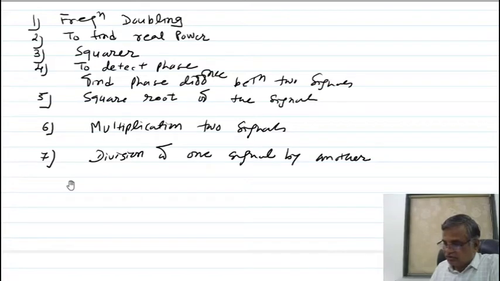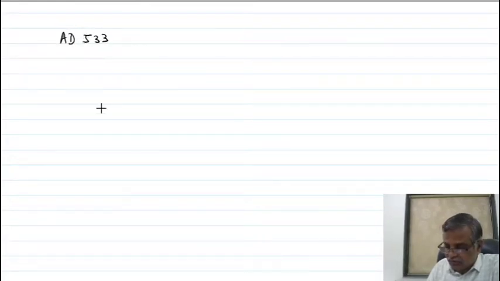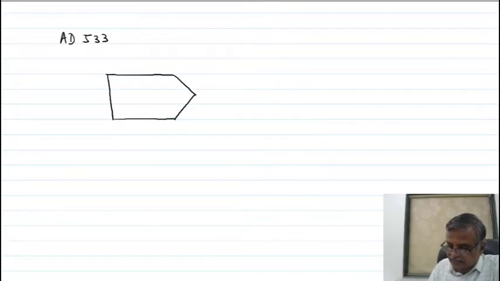Now, I am showing you the schematic diagram of multiplier IC AD533. Here you are applying the two signals, at pin number 1 and pin number 3, suppose Vx signal and Vy signal.